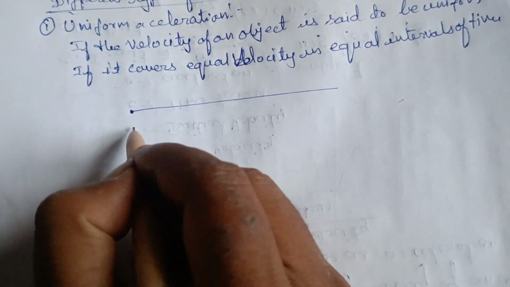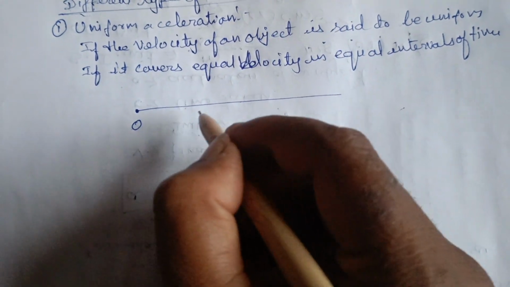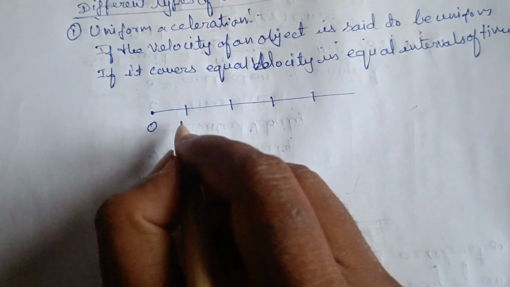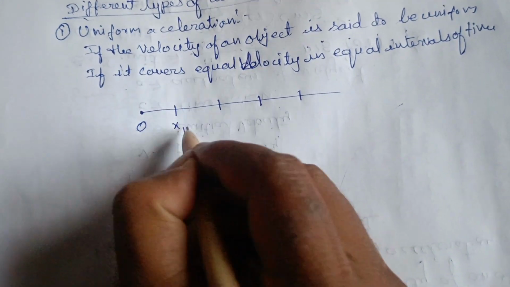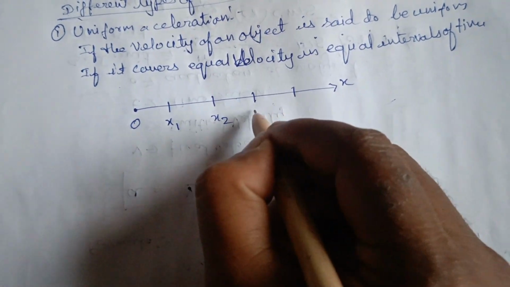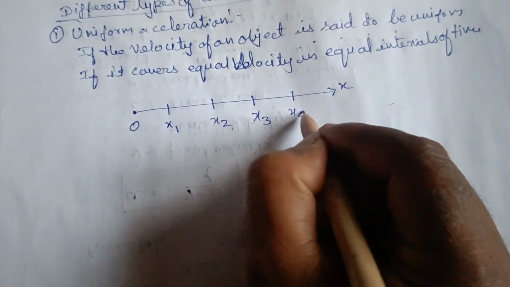If I consider this as my 0, and this is 1, 2, 3, 4, then since it is an x-axis, this is x1 distance, x2 distance, x3 distance and x4 distance.